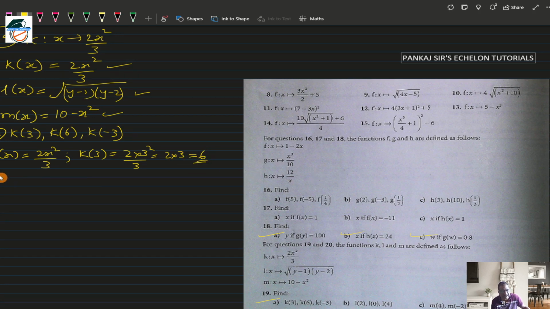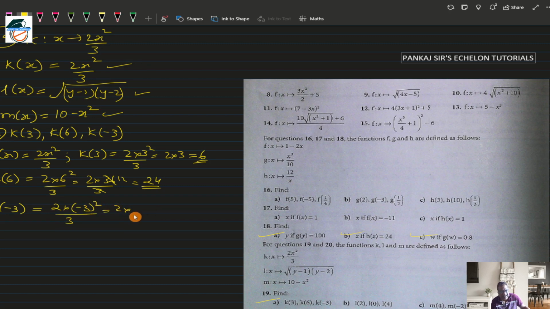Then K of 6 will be 2 into 6 square upon 3, which is 2 into 36 upon 3, that is 24. That's the answer. Then K of minus 3 should be 2 into minus 3 whole square divided by 3.